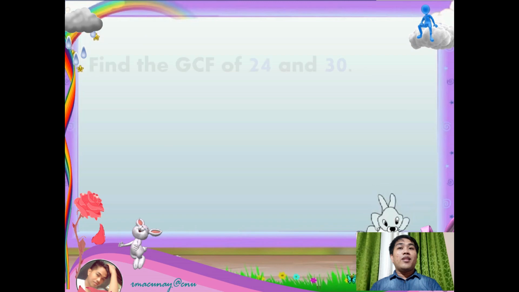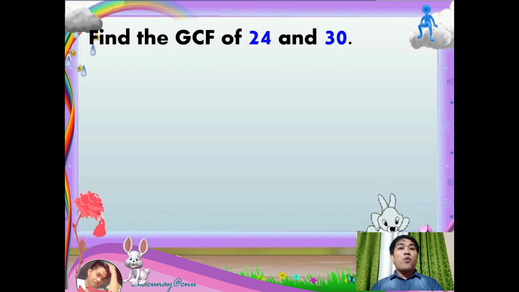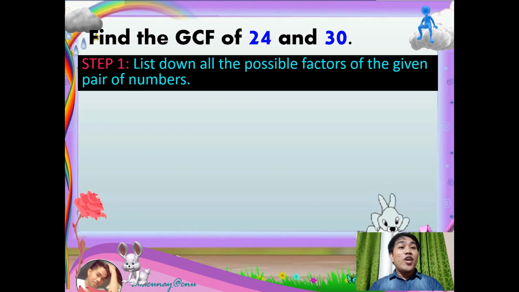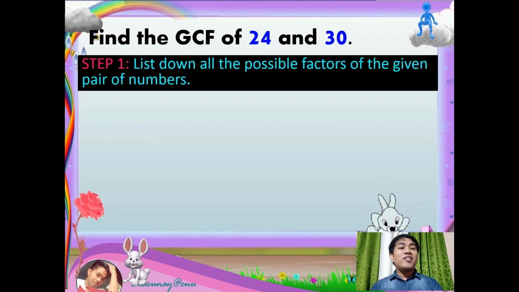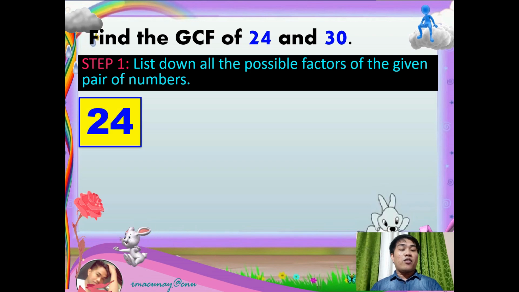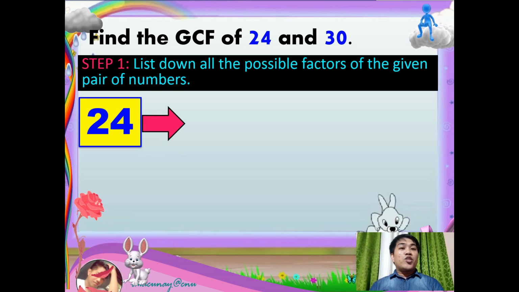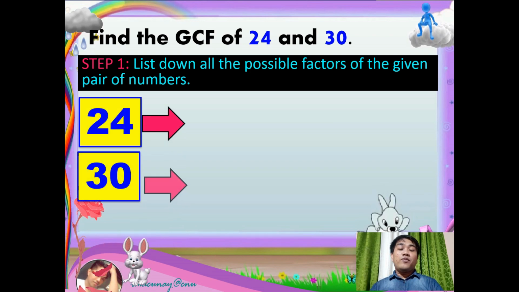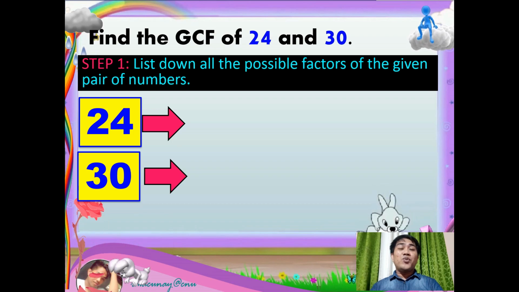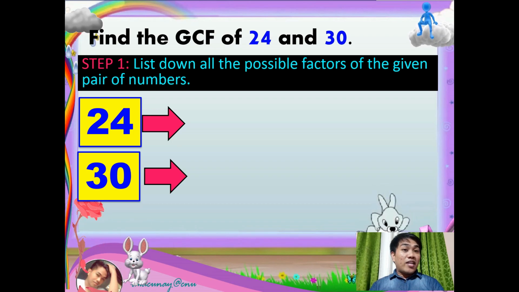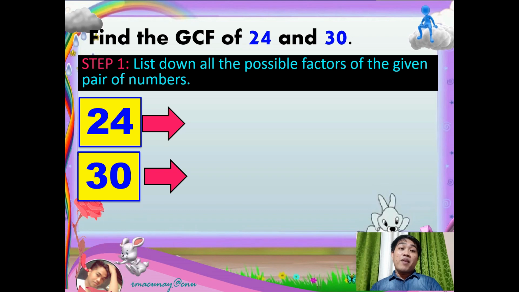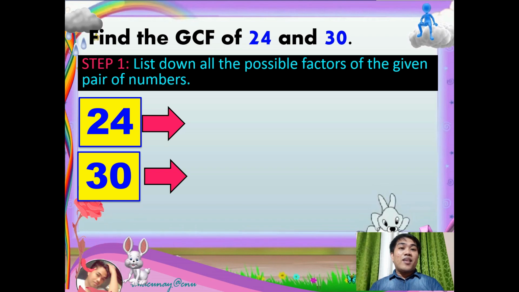For example, find the GCF of 24 and 30. Again, first step is you have to list all the possible factors of 24. To find the factors of 24, you need to think of two numbers whose product is equal to 24. But bear in mind that the first two factors of any number are always 1 and the number itself.